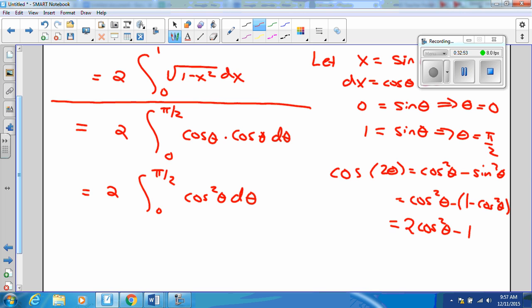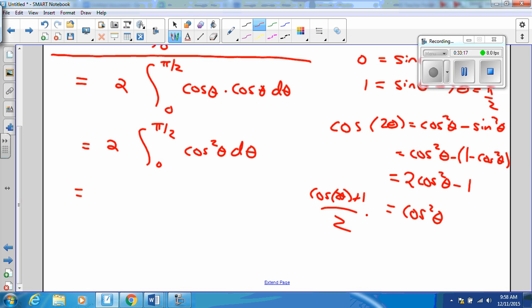No, it's not. So what is cosine squared theta equal to? Go. Yeah. And so now we can substitute.